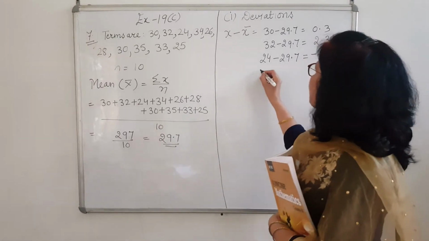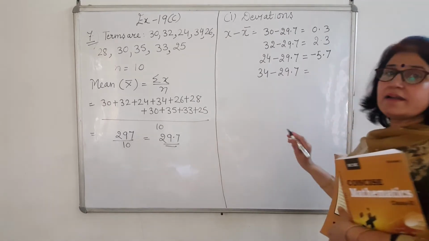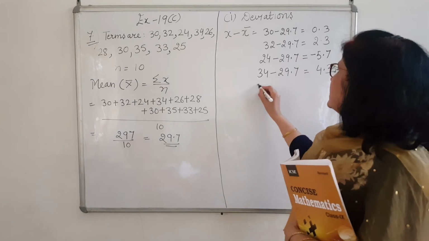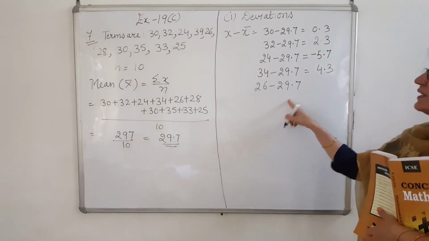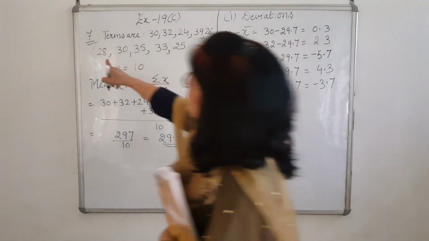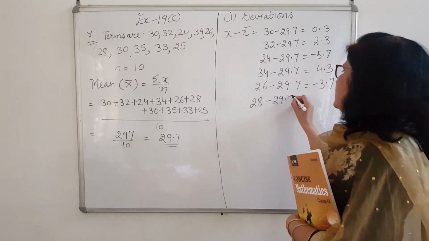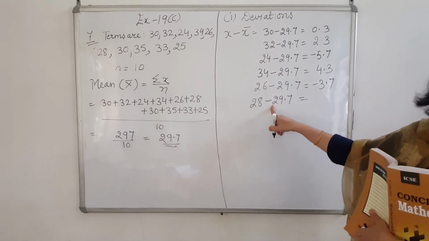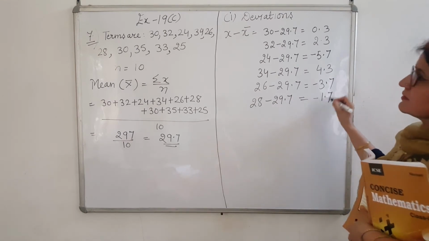Next term is 34 minus 29.7. What we will get? 4.3. 26 minus 29.7. 26 plus 3 is 29, so we get minus 3.7. Next term is 28. So what we will get here? 28 minus 29.7 is minus 1.7.